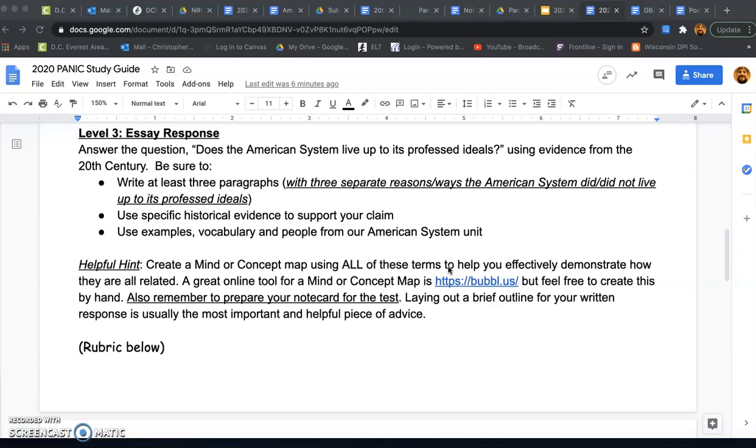Now, notice what we ask you to do. You will write at least 3 paragraphs, okay? And what we're thinking is 3 separate reasons or ways that the American system did or did not live up to professed ideals. So here are some ideas on how to do that.